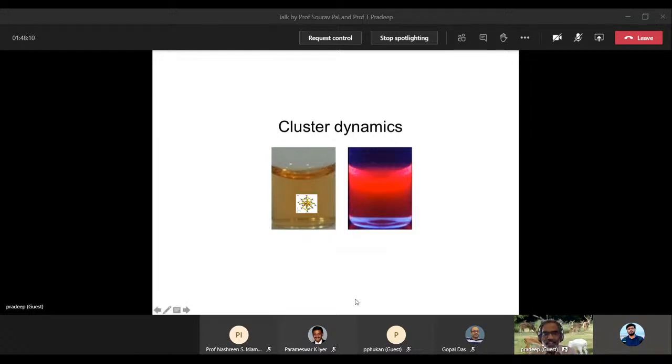So if I were to take this cluster solution and then ask this question, that clusters are of course reacting with 44 and 25 are reacting. Now, is it not possible that this gold 25 that is present here, in the course of its motion or its life in this bottle, is encountering other gold 25 species?